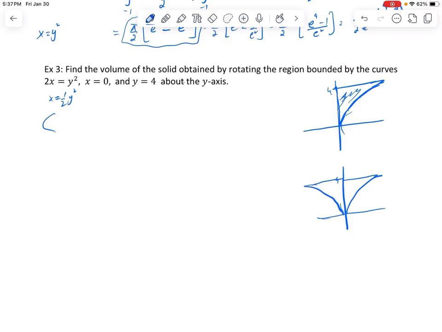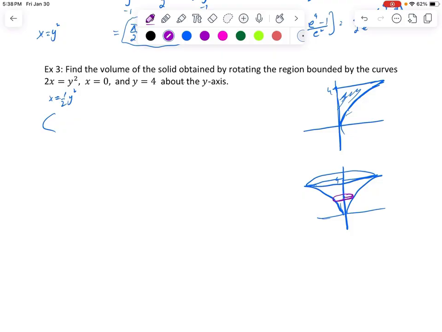So you can see what will happen. We get this solid of this shape. If I draw a disc, it is going to look like that, and the radius will be half of this.